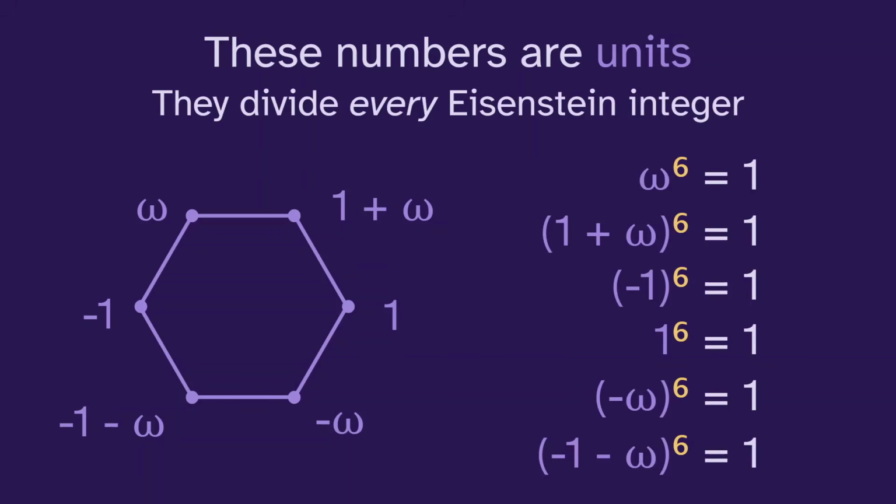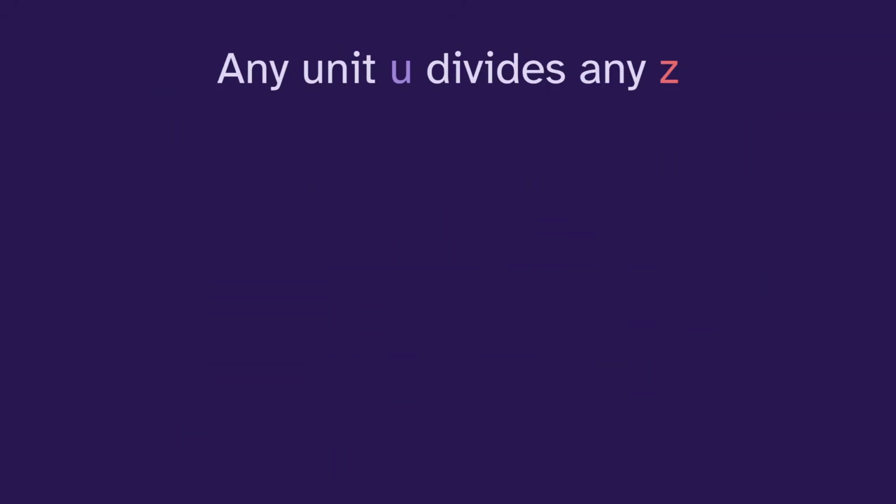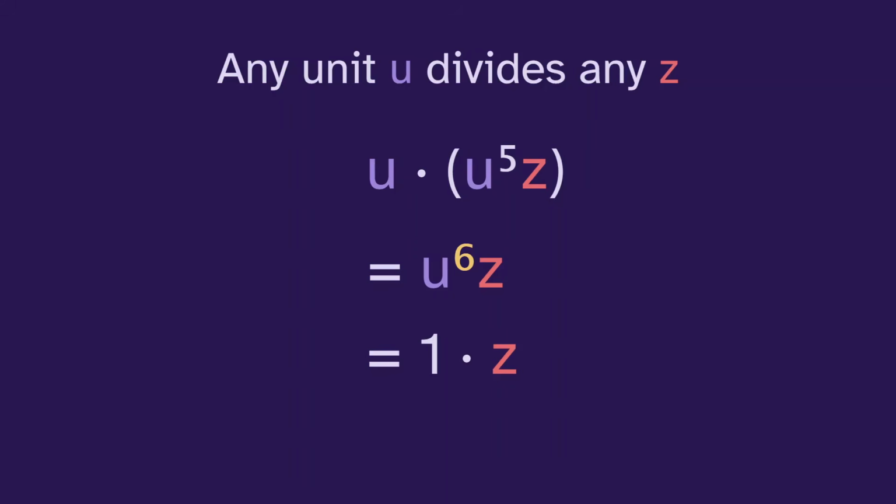But since the unit to the 6 equals 1, that means any unit u divides any Eisenstein integer z, because u times u to the 5th z equals u to the 6th z, and we just showed any unit to the 6th is 1, so this is 1 times z, which is just z. So u always divides z.